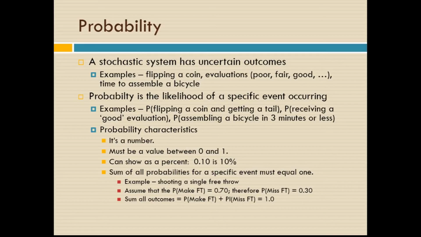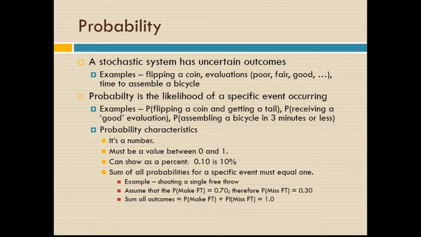If you calculate a probability of -7 or 1.4, those are not probabilities. They can't be. They have to be a number between 0 and 1. And if you want, you can think of them as percents. That's fine. So a probability of 0.10 is equivalent to having a 10% chance of something occurring.